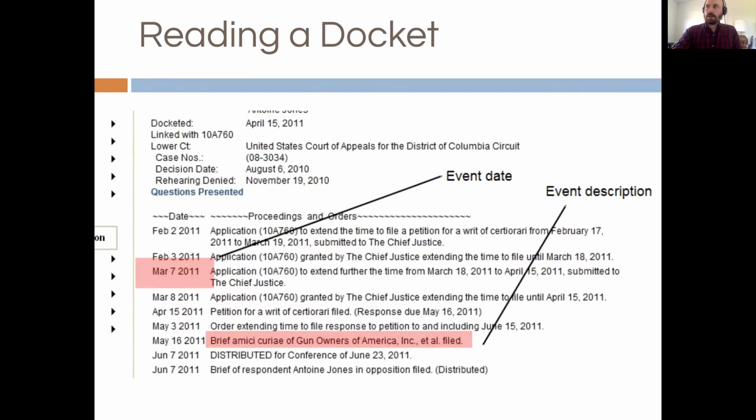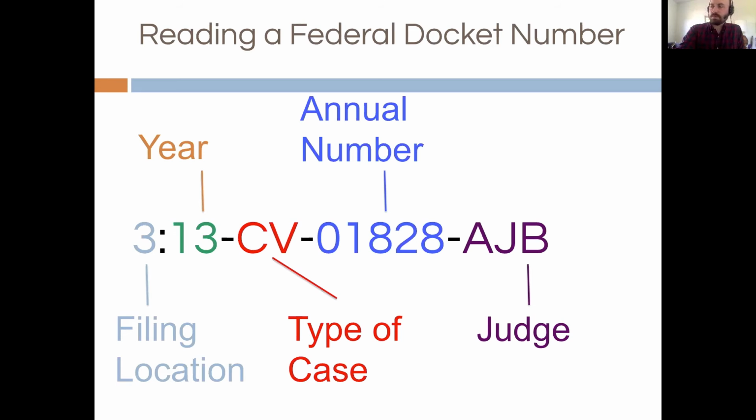Let's take a look at reading a federal docket number. So there's a standardized docket number format for the federal courts. Each jurisdiction will have a standardized version of that. And what are the various parts? So to understand it, let's take a look. So first here, we have the filing location.